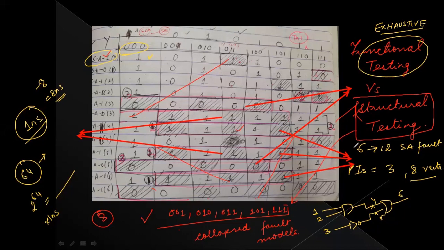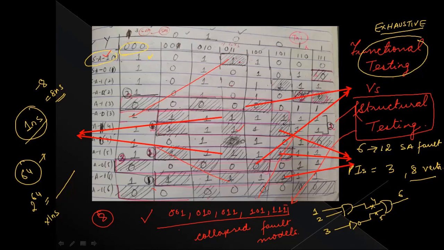So when I am exploiting the structure to identify the minimum set of vectors in my circuit, which will give me 100% fault coverage with a reduced set of fault models and a reduced set of input vectors which need to be applied accordingly. That is what is called your structural testing.